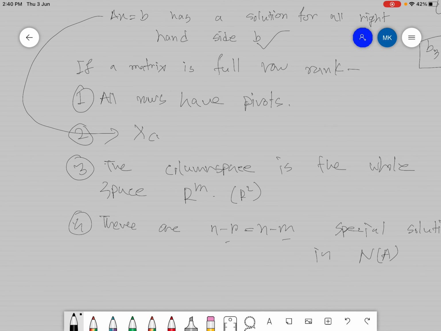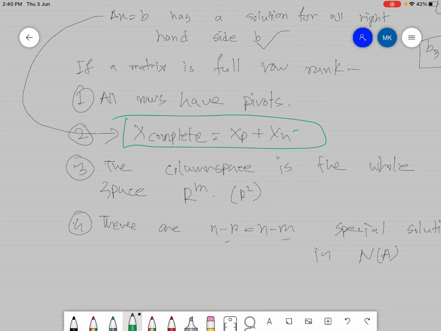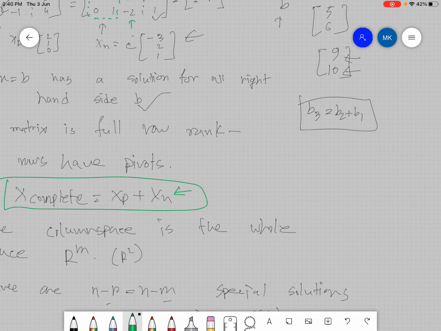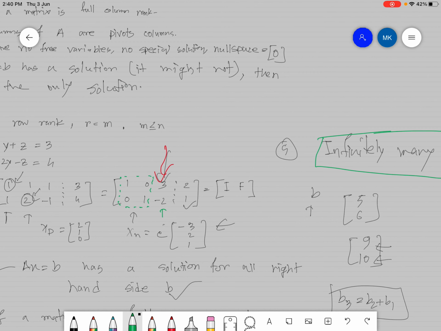So the complete solution is basically xp plus xn, and whenever xn is not empty, meaning there is some vector other than 0, then you'll always get infinitely many solutions. So you'll get infinitely many solutions for this sort of structure.